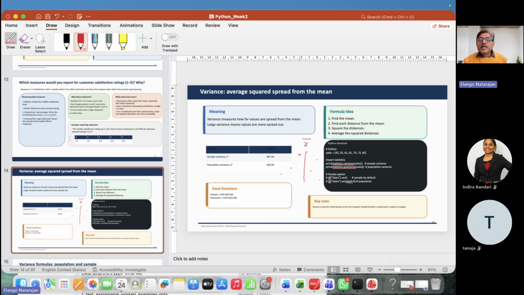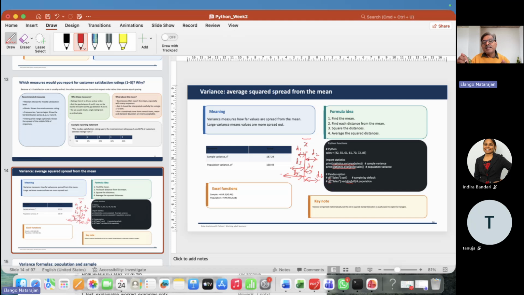We try to find out the distance between each data and the mean value. For example, this is D1, this is D2, this is D3, this is D4, D5, D6. So I'm finding the distances for 6 different data, the difference between the mean and the actual data.